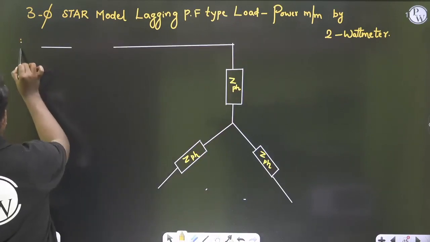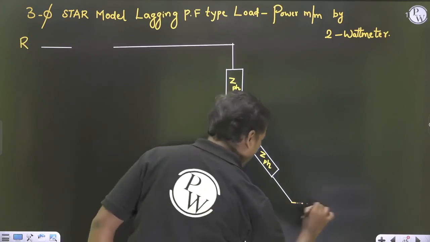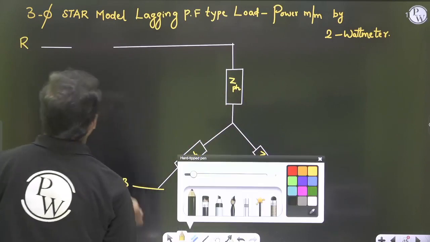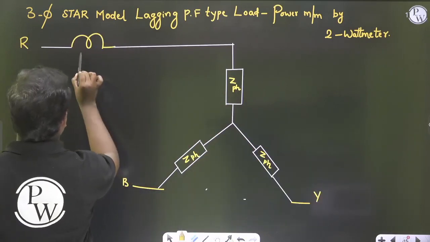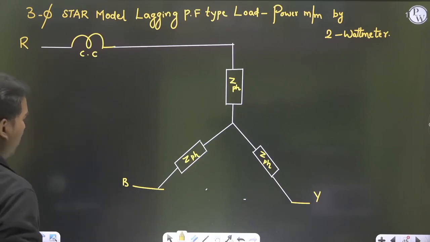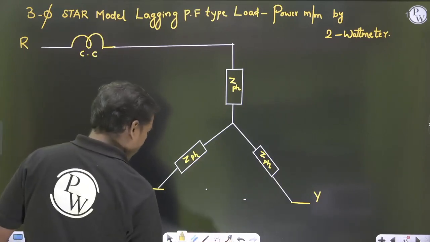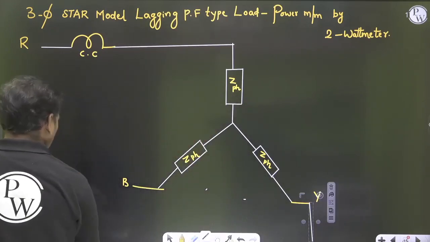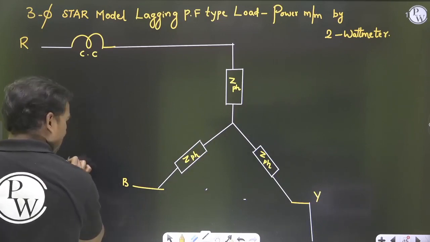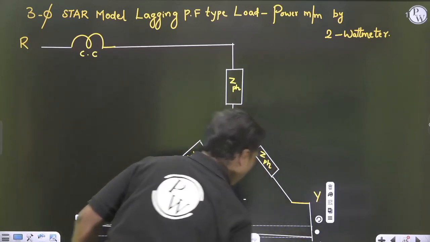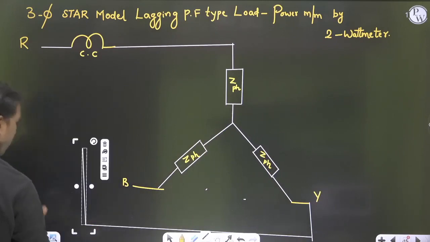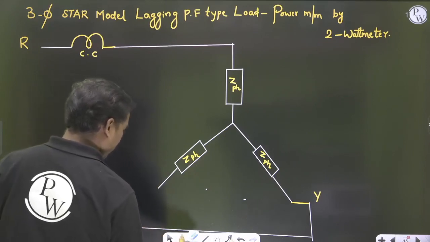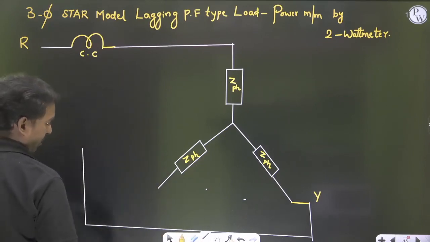Let us take this as sequence R, this as Y, this as B. So here comes the current coil, and for the Y, RYB sequence.